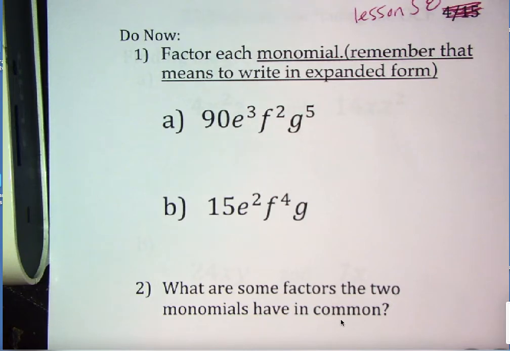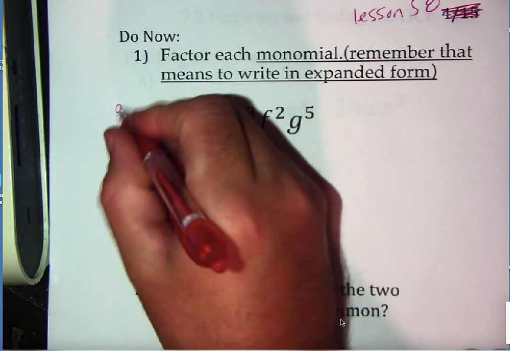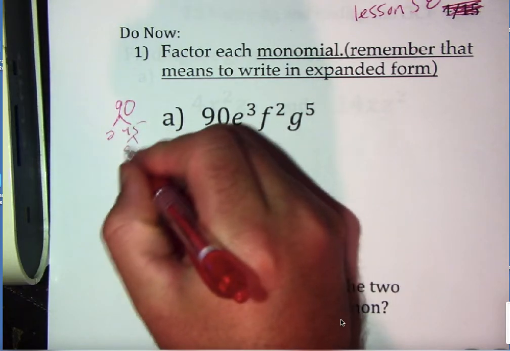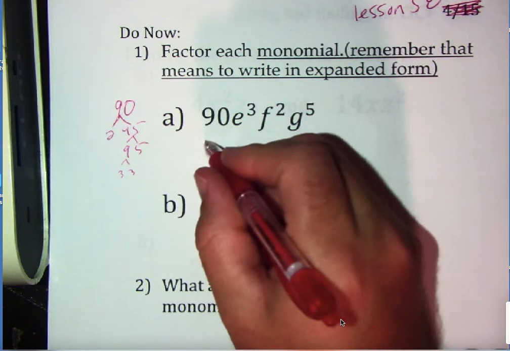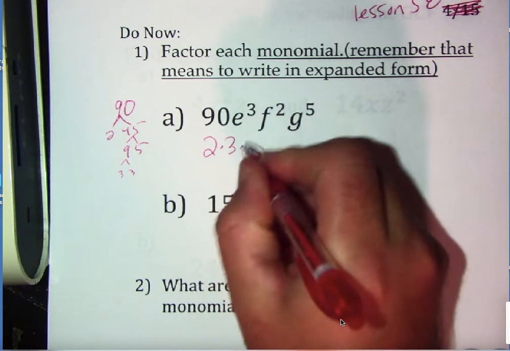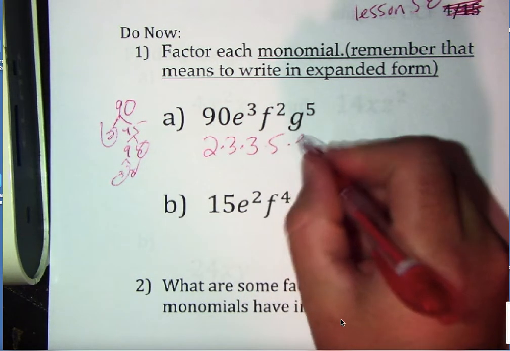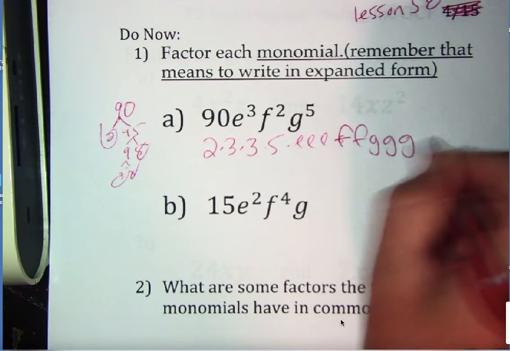So, spoiler, here we go. It says factor each monomial. Remember that means to write in expanded form. We talked about it last lesson. That requires us doing the prime factorization of the number, and then writing the other form, the variable part, as all the multiplication.